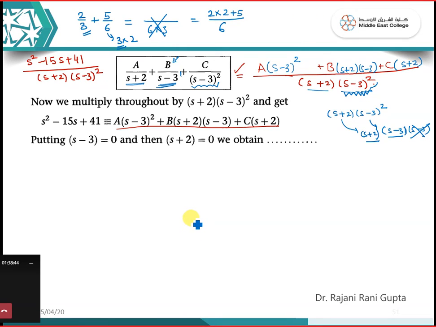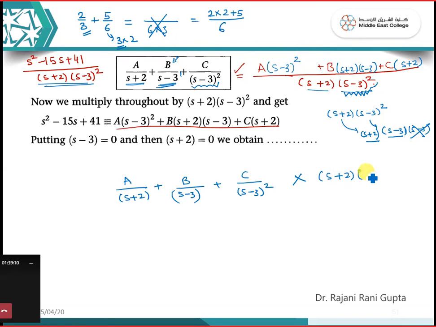Clear? If not, I have another way. Say you have A over s plus 2, B over s minus 3, and C over (s minus 3) squared. I'm sure you will find this easier. Then this total, all terms, multiply with the denominator from the question, (s plus 2)(s minus 3) power 2.